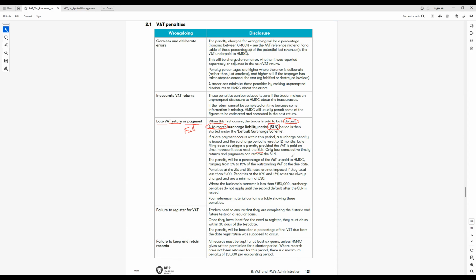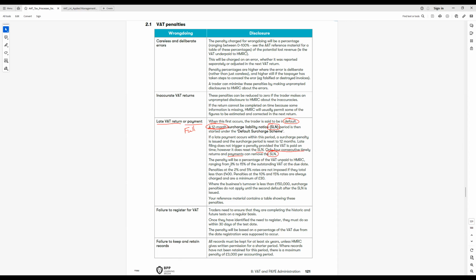So if we make 4 consecutive timely returns, so we submit our VAT return 4 times on time and make the payment, then this notice will be removed from our account.